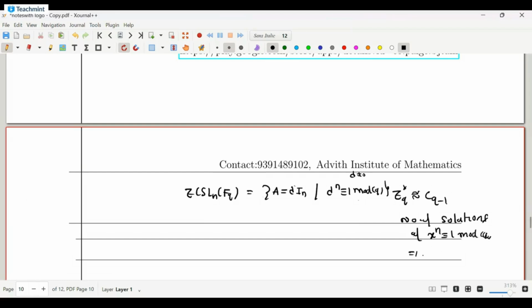If you study number theory, its value is equal to the GCD of n comma q minus 1, sir, a formula. Therefore the cardinality of Z of SLN of Fq is equal to the GCD of n comma q minus 1. Most important one.